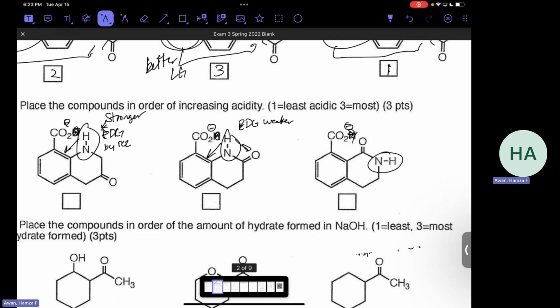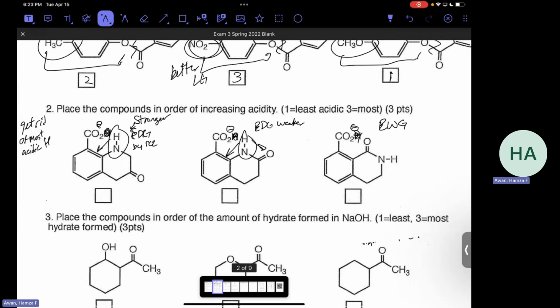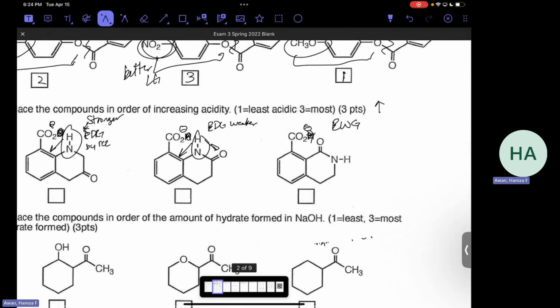So this NH, this one is going to be blocked a little bit because of this amide. So this entire thing, we'll just call it an electron withdrawing group, right? And so whenever we have increasing acidity, we want something to be more stable, right?